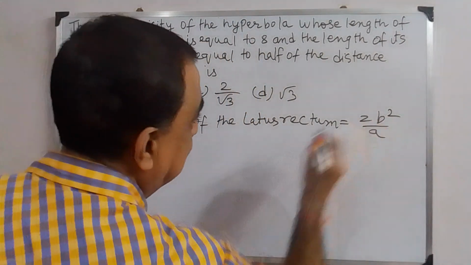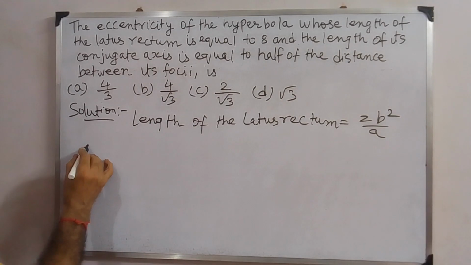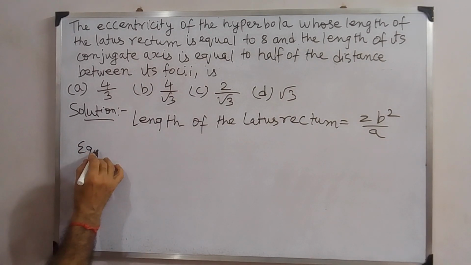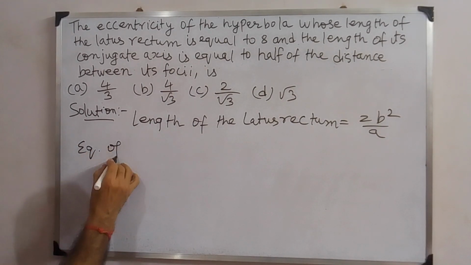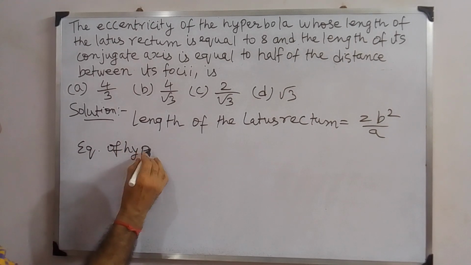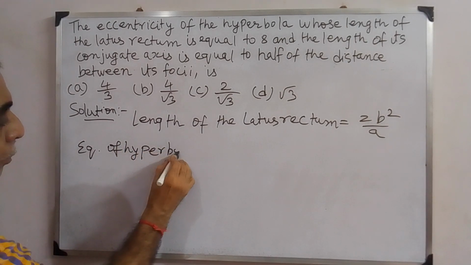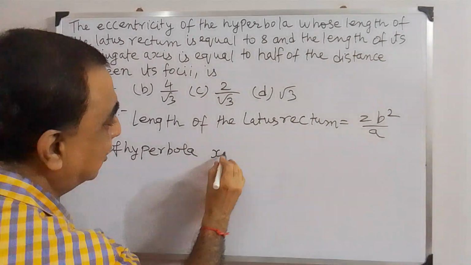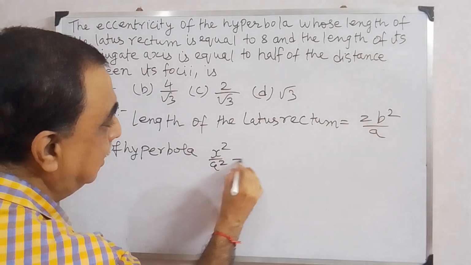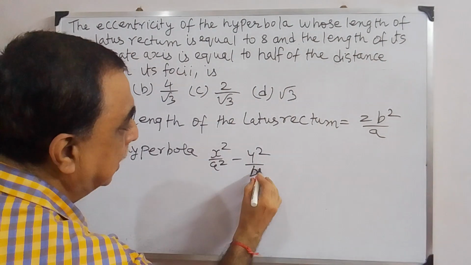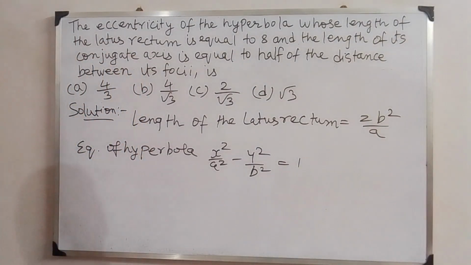Now here, the equation of the hyperbola is x squared by a squared minus y squared by b squared is equal to 1.